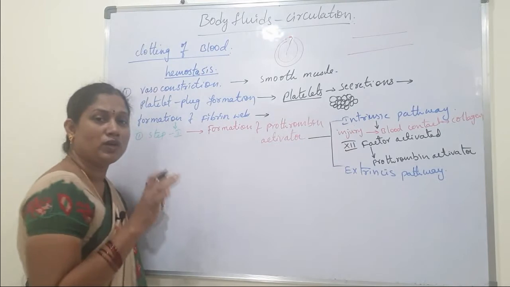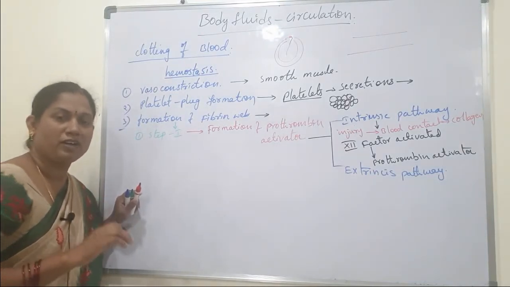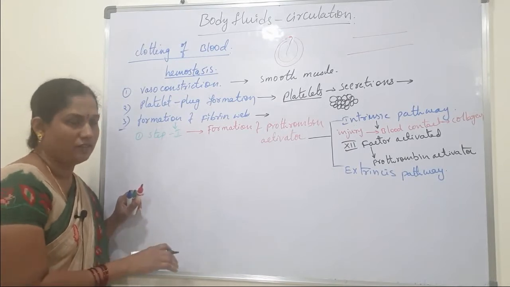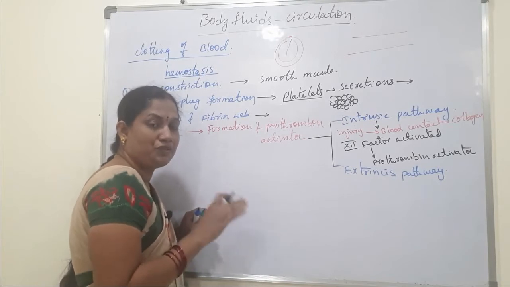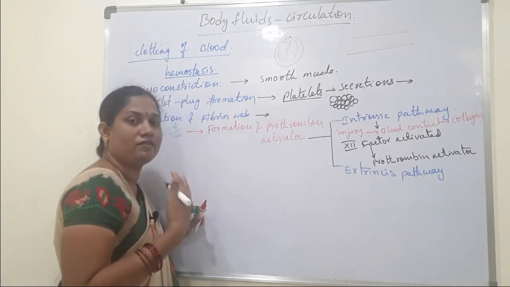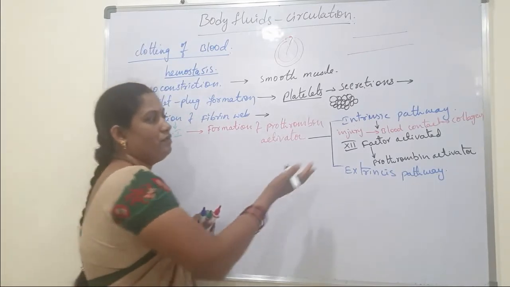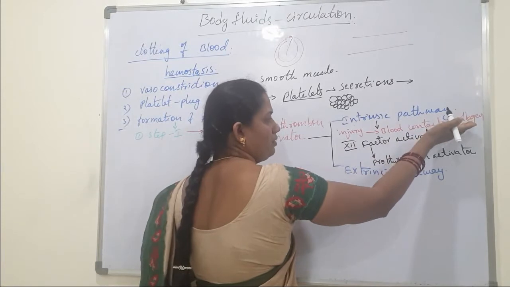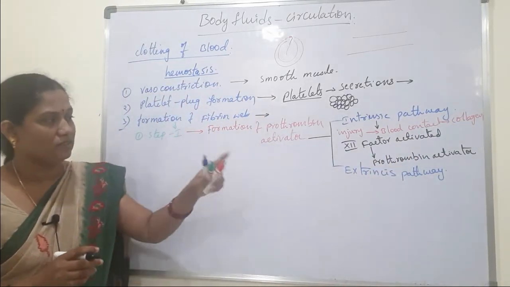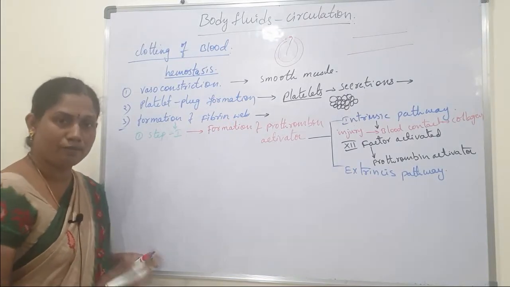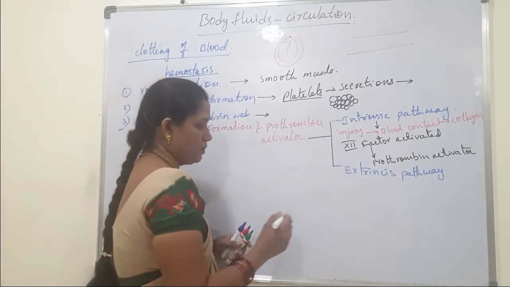In total, 12 blood clotting factors are present in our blood. Most of them are secreted from the liver, and they are in inactive form. Whenever damage takes place, these factors get activated. When the blood contacts collagen, the 12th factor is activated, and it forms the prothrombin activator. So this is the intrinsic pathway.